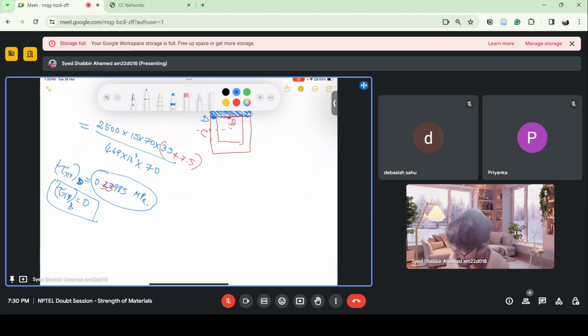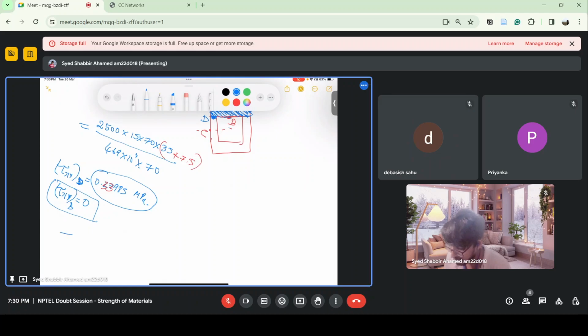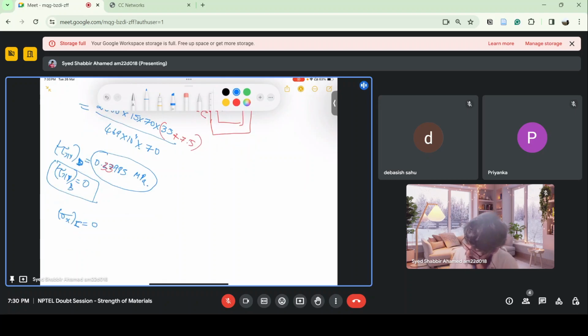What is the value of the bending stress at point C? That will be directly 0, sir. Yeah, that is 0. Sigma x at B, sigma at C is 0. And what is the value of tau xy at C?